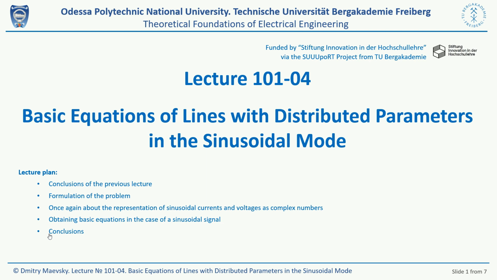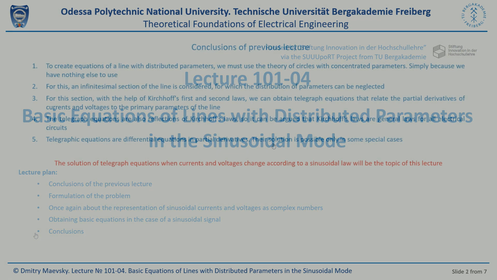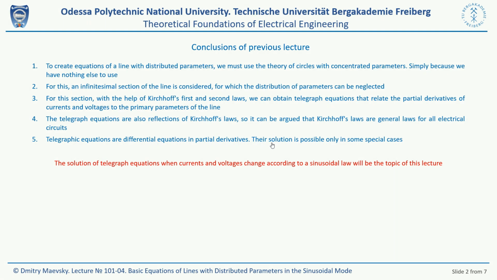But first, let's briefly recall what we talked about in the previous lecture. In the last lecture, we were able to construct the basic equations for a line with distributed parameters. We used for this a section of the line of infinitely small length, and therefore we were able to apply the theory of circuits with lumped parameters for this small section.